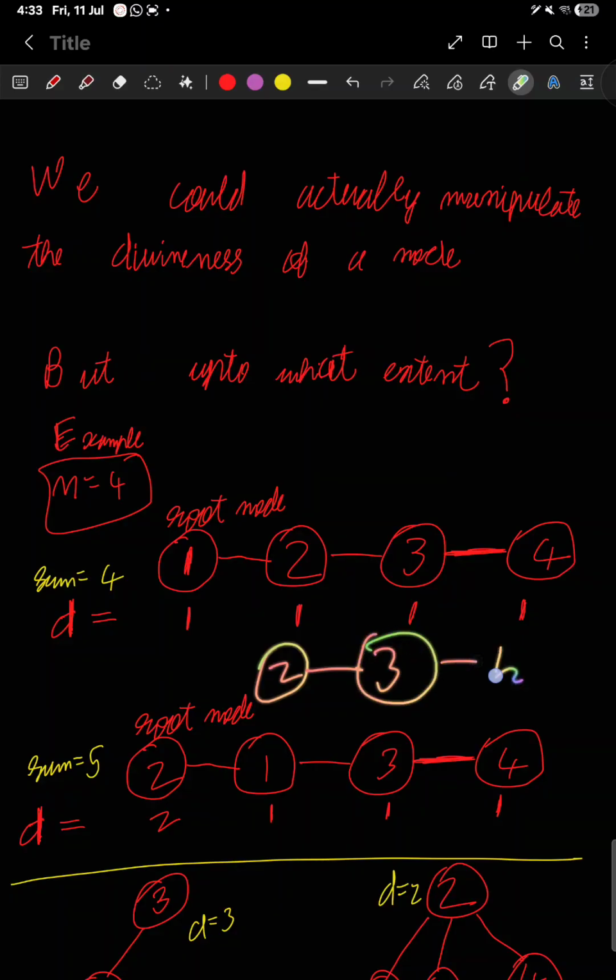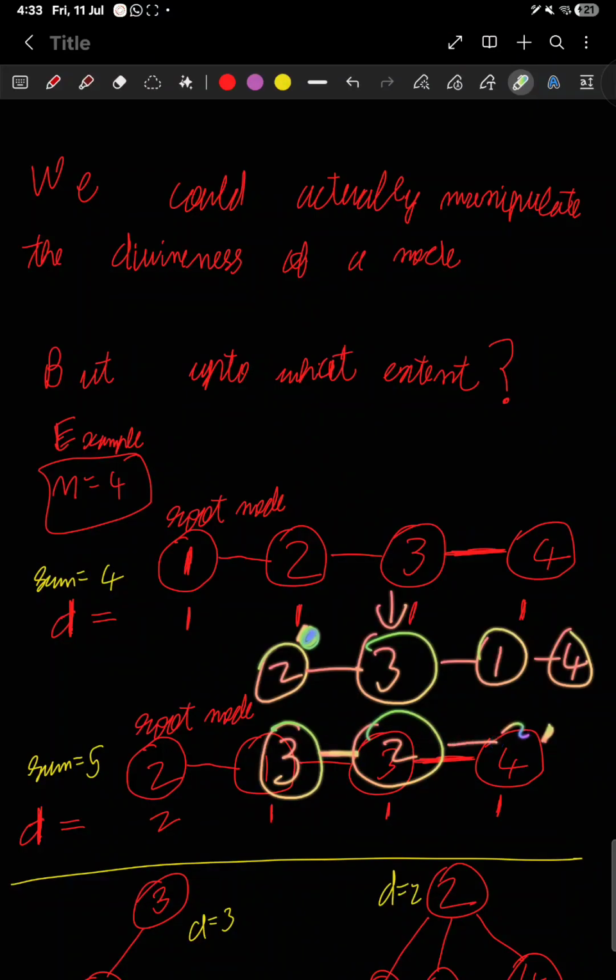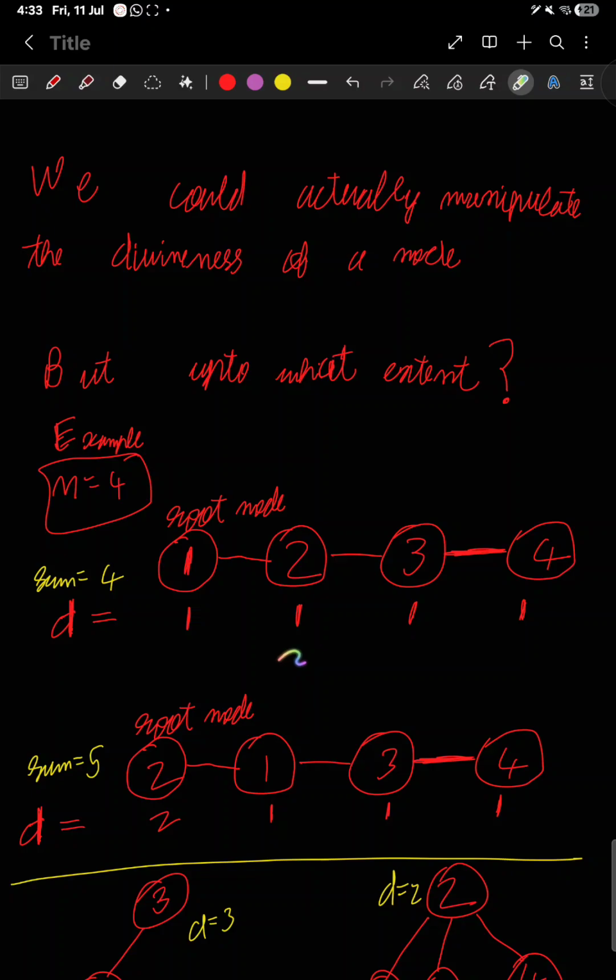In this case, the divineness of this node is equal to 2, because only 2 is the smallest number ahead of it. And if no number is ahead of this which is smaller than this, in this case the divineness would be equal to 3. So I've shown you all the cases where the divineness equals 1 or 2 or 3.